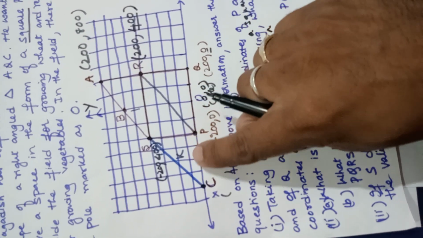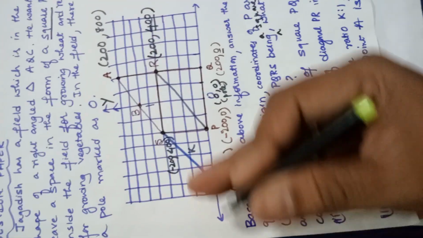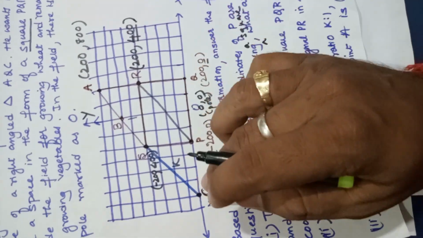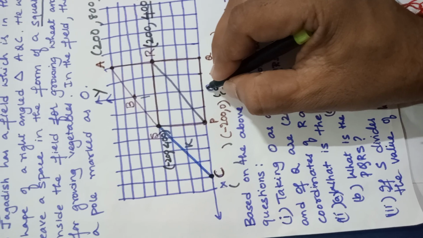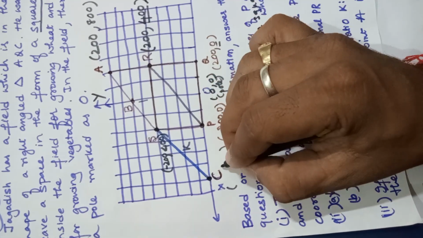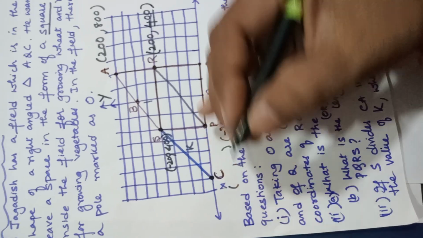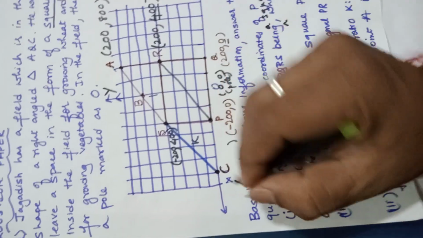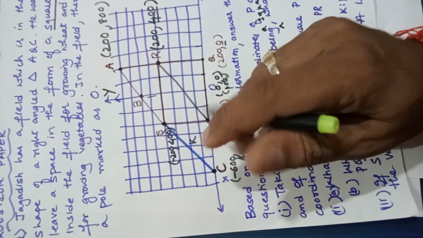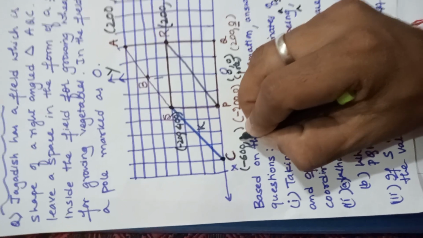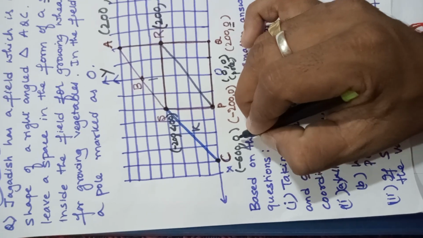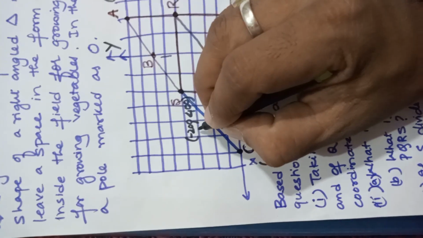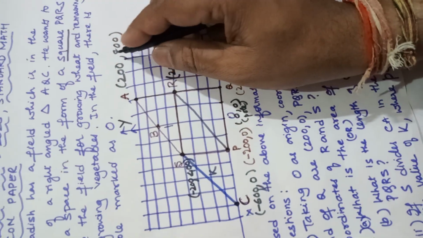Therefore 6 units will correspond to 600, the abscissa will be equal to 600, but because it is towards the left of the origin, on the negative x-axis, I can write it as minus 600 comma, and C lies on the x-axis. On the x-axis the ordinate or the y coordinate will be 0. So the coordinates of C will be minus 600 comma 0. Now coordinates of S we have already determined as minus 200 comma 400. Coordinates of A they themselves have given.